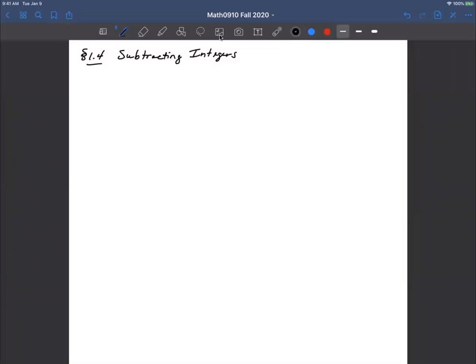All right, let's move on to subtracting integers. The key thing about subtracting integers is understanding that subtraction is the same as adding. Let me clean that up a little bit.